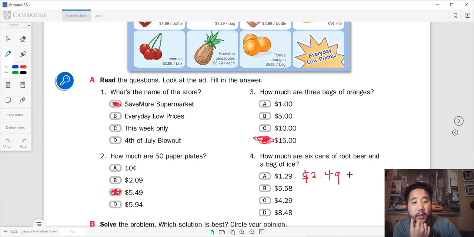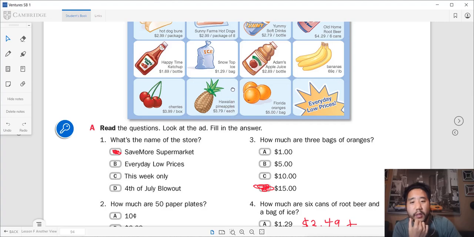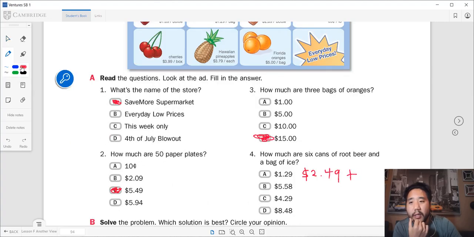And then we have to add a bag of ice. And a bag of ice is going to cost us $1.29 per bag. So we need only 1 bag. So it's going to be $1.29.